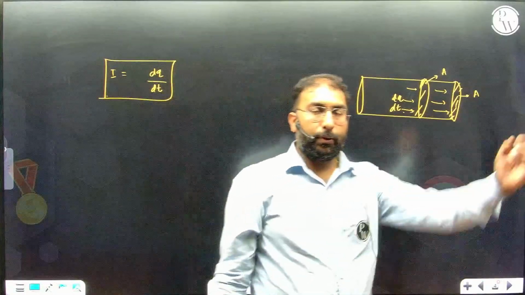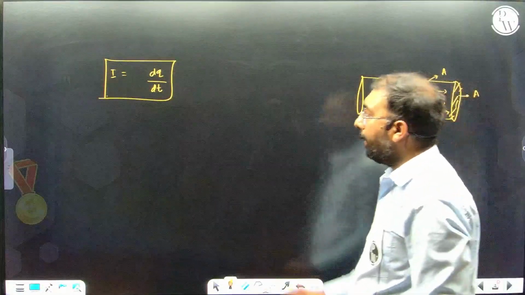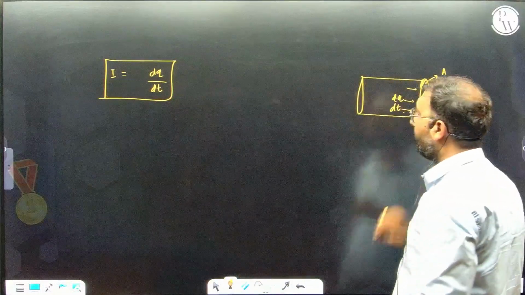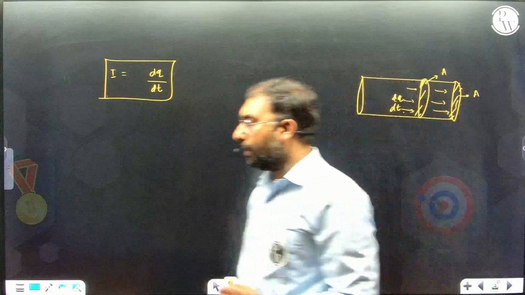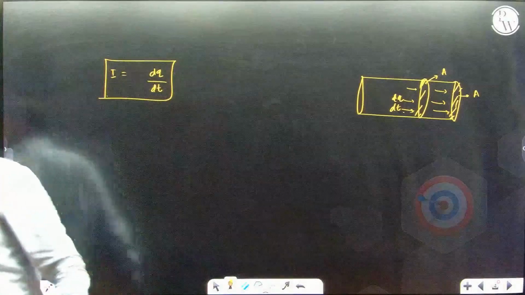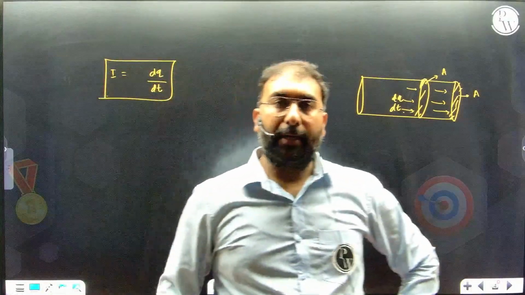The current flowing through the conductor will be known as I equals to dq by dt, where dt is the time in which dq charge is crossing through this conductor. So in general, current is defined as the amount of charge that is crossing through the conductor of a given area in time t.